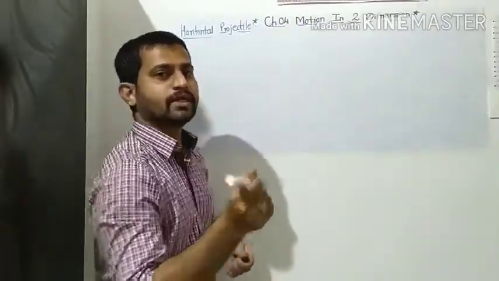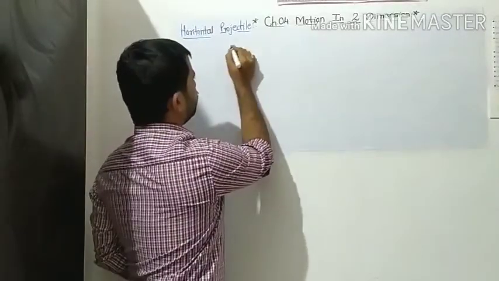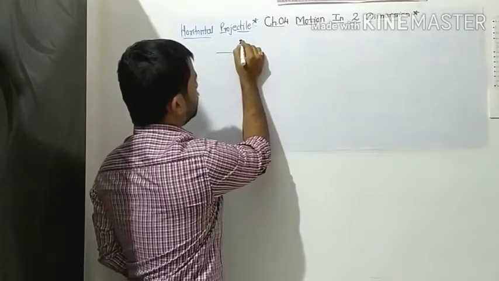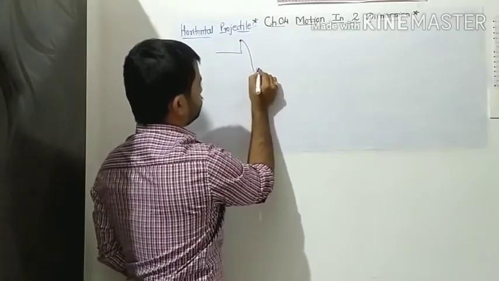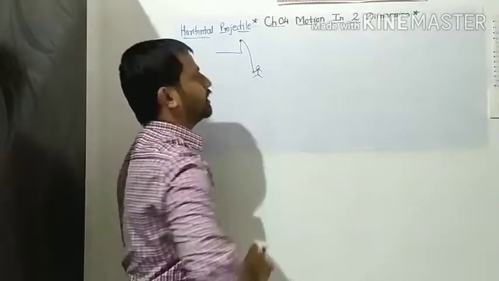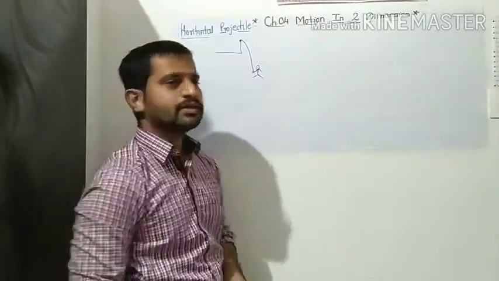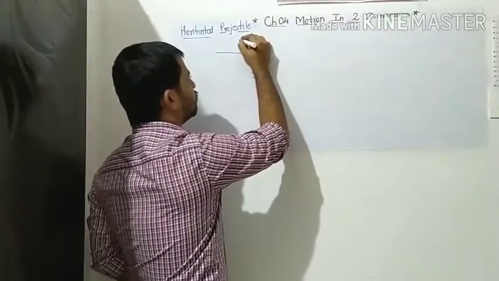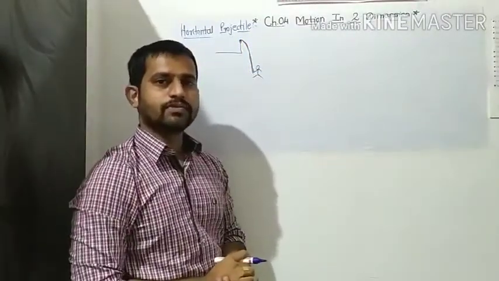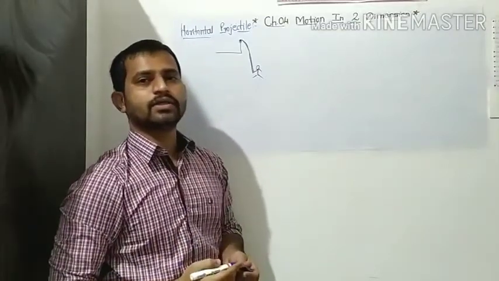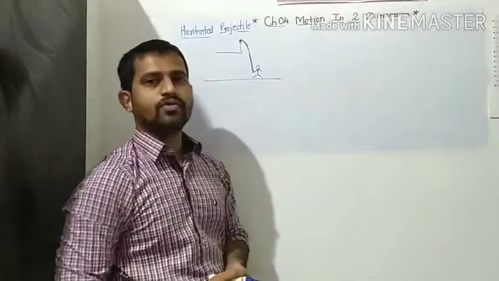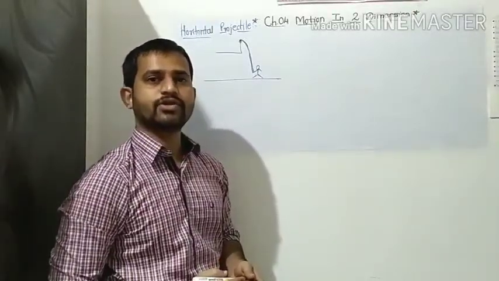The object is following this path. If you are at this gallery position, throwing the keys, and your brother is at this location, then he will get the keys at this location. The keys have to follow some path, and after following that path the keys will reach this particular ground.